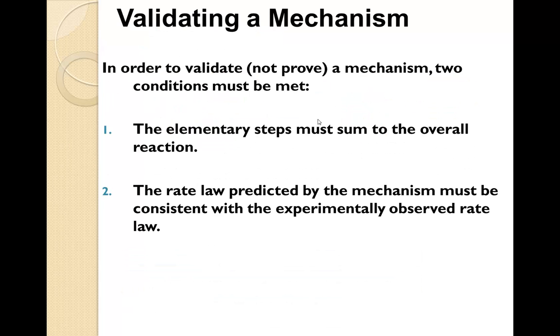In order to validate, not prove, a mechanism, you can never prove a mechanism, you can only validate it. Two conditions must be met. The elementary steps must sum to the overall reaction, and the rate law predicted by the mechanism must be consistent with the experimentally observed rate law. And that's what we were just discussing here.